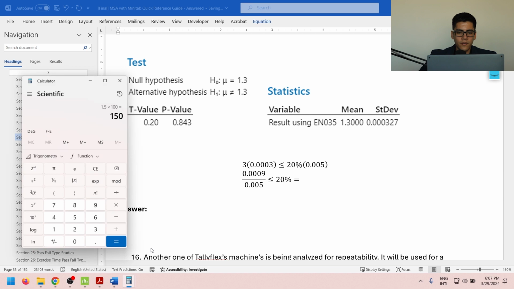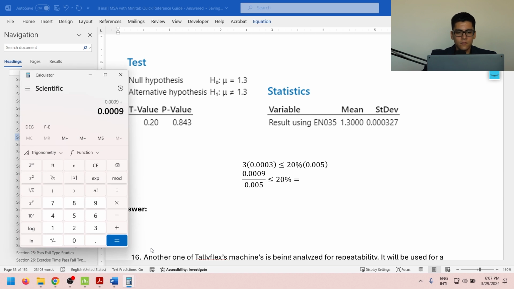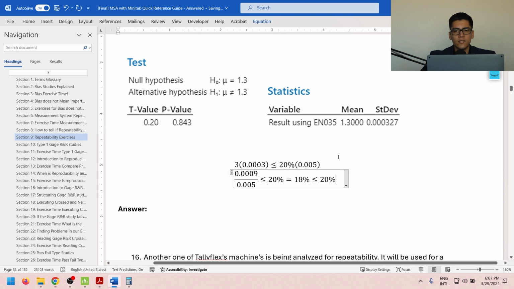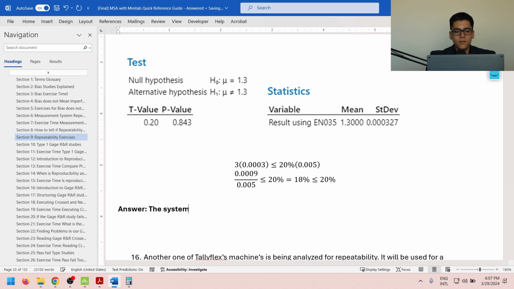After calculations are finalized, I get 0.18 multiplied by 100, that is 18%. So 18% is in fact less than 20%. As such, we know that the system is repeatable enough to measure the proposed tolerance. In the answer section, the system has a standard deviation of 0.0003.